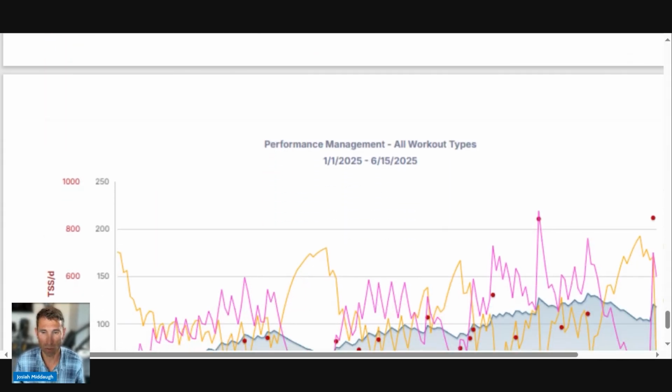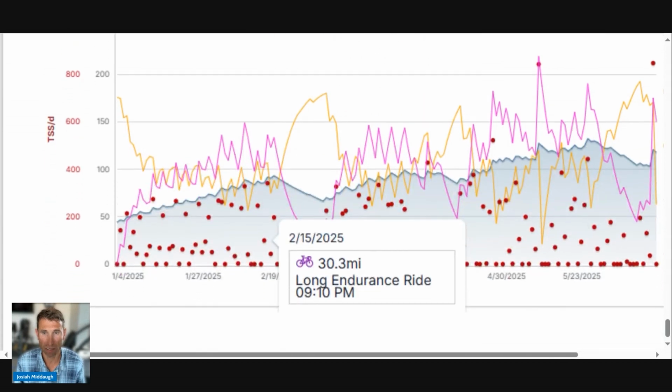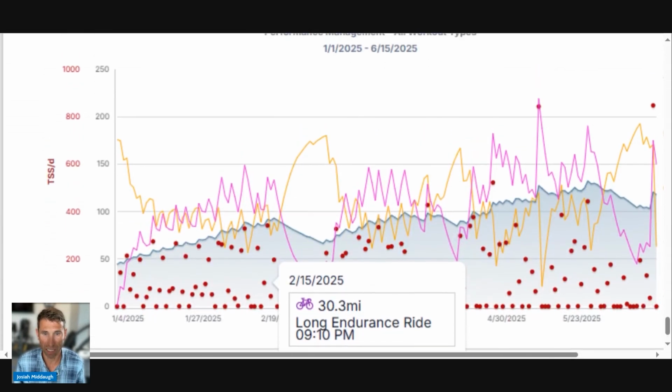And then here's another representation of the chart. All I did here was click on one of those red dots. So you can see on February 15th, this person did a 30-mile ride, pretty late at night, must have been indoors. But you can see that little red dot correlated with a certain TSS, and that's just one blip on the schedule.